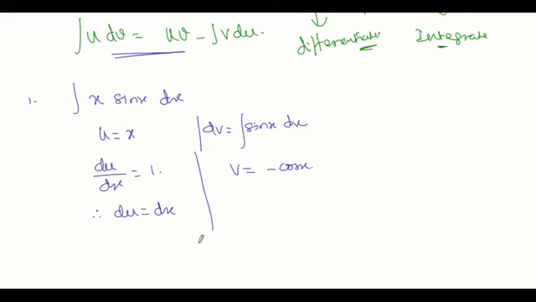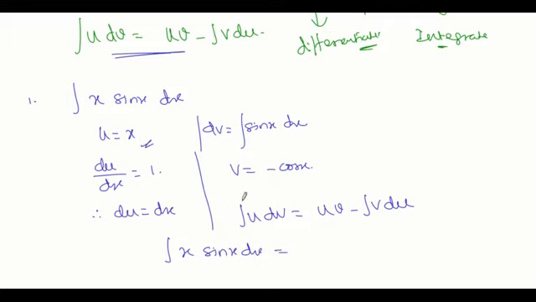So what's the formula? Integral u dv equal to uv minus integral v du. So u dv is x sin x dx, equal to uv. What is u? u is x. What is v? Minus cos x.